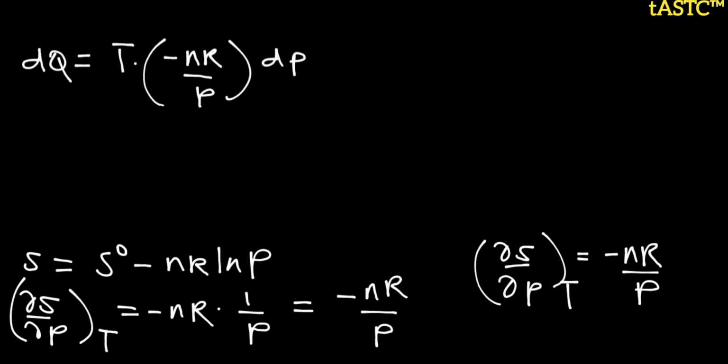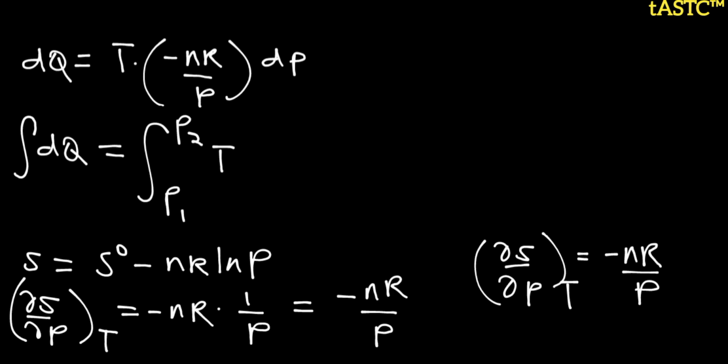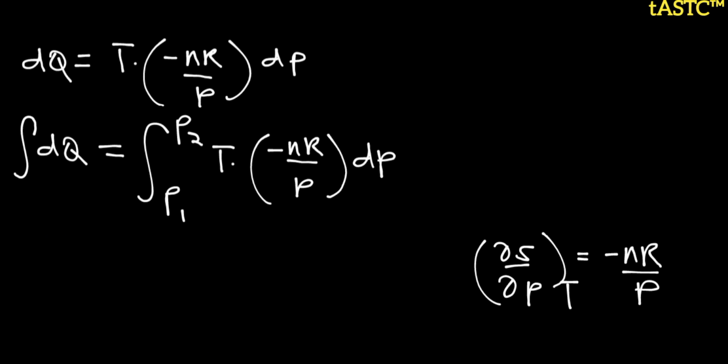Now the next thing we need to do is integrate both sides of this equation. This is dq. On this other side, I'm going to integrate from the lower limit of P1 to the upper limit of P2. So this is T multiplied by negative nR divided by P multiplied by dP.